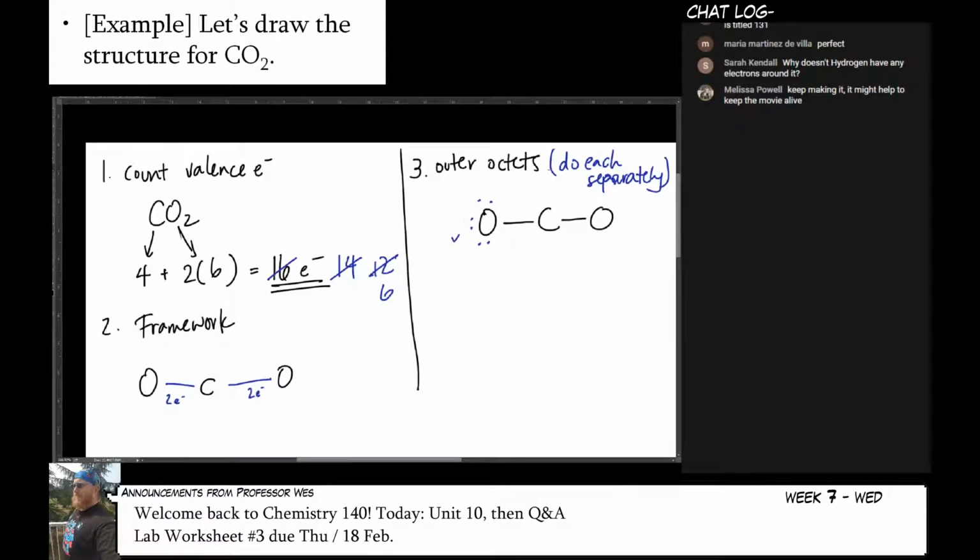Now I'm going to do the same thing to the other side. 1, 2, 3, 4, 5, 6. Notice that I'm putting them in pairs instead of doing 1 dot at a time, because, again, this is a model, and it's just faster to do it that way.